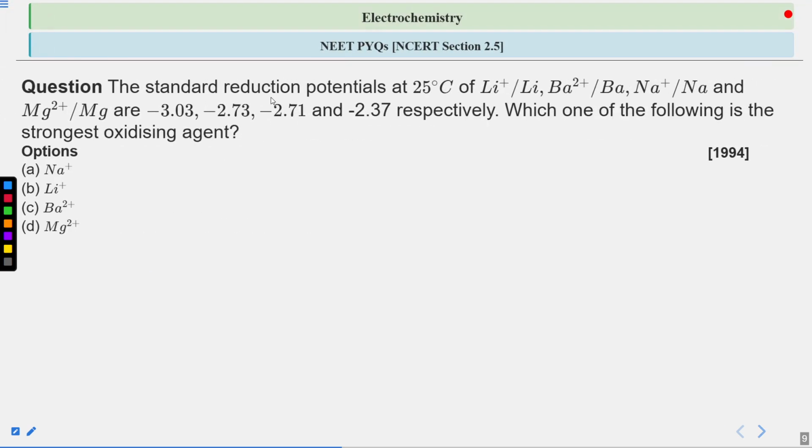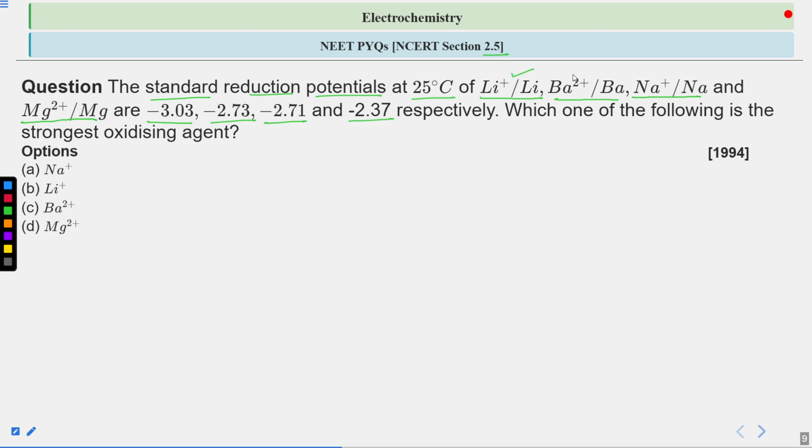So this is a NEET PYQ, and this is covering NCERT section 2.5. The question says that the standard reduction potentials at 25 degrees Celsius of Li+ to Li, Ba2+ to Ba, Na+ to Na, and Mg2+ to Mg are minus 3.03, minus 2.73, minus 2.71 and minus 2.37 respectively.